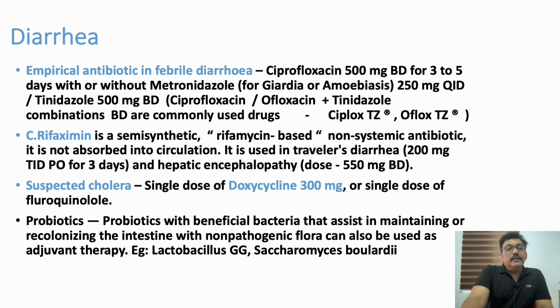Metronidazole, tinidazole or secnidazole are not at all a good choice in acute diarrheas. Without knowing the organism, if you give metronidazole or tinidazole, there will be severe metallic taste and gastritis because of these drugs. So, if the patient is not tolerating these drugs, better to stop and put them only on rifaximin or ciprofloxacin for diarrhea.